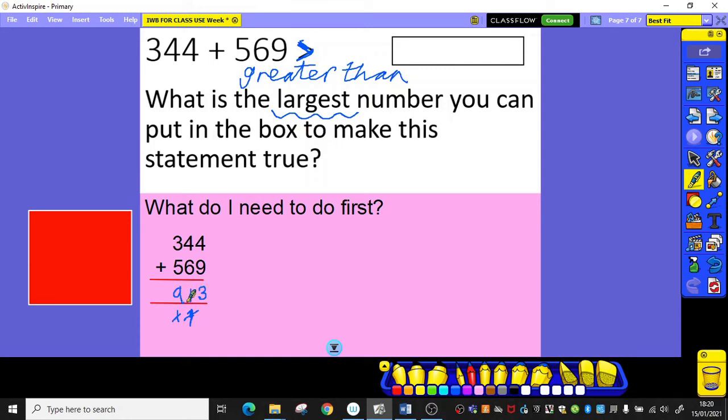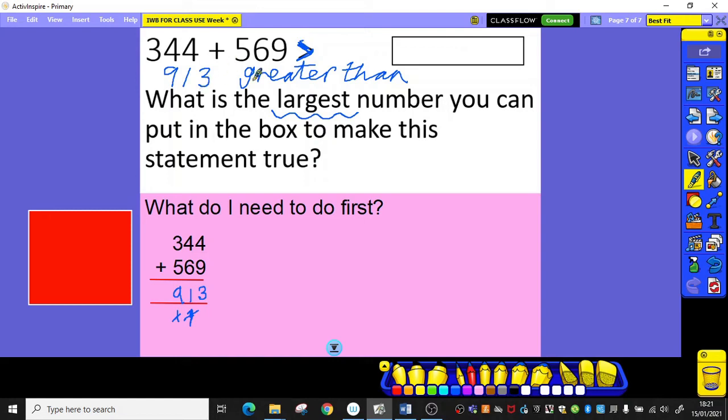Now before I do anything else, I'm going to look to see if my answer looks realistic. 300 add 500 is 800, and I can see these numbers would take me over 100, so I'm happy that 913 would be my answer. So on this side, my value is 913. It says greater than the largest number I could put in the box.